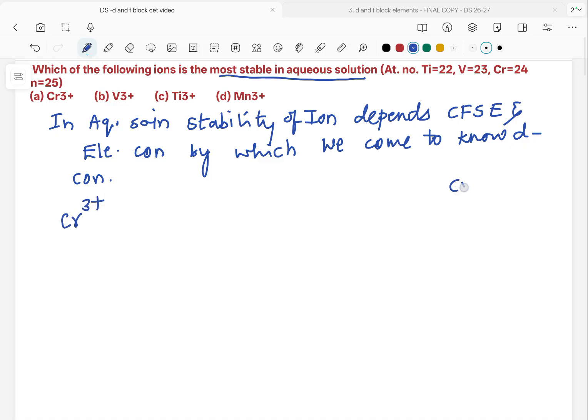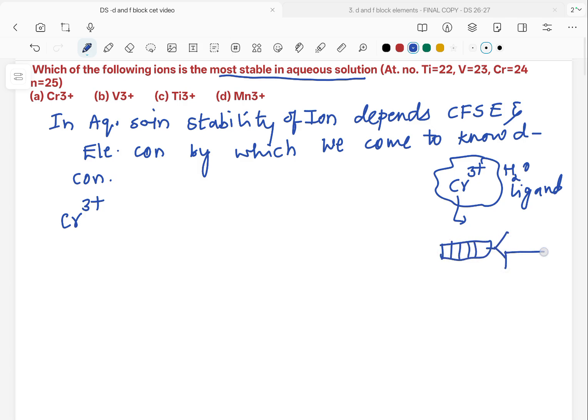Chromium, when surrounded by water molecules which are acting as ligands here, the degenerate d orbitals in chromium will split into lower energy and higher energy orbitals here. Based on the electronic arrangement in these orbitals, the stability of the ion can be predicted.